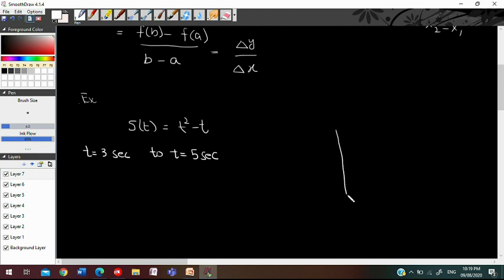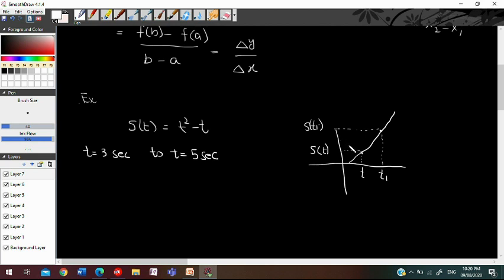Let's say we have a particle which is moving from this point to this point, and when it is at point t, its value becomes s of t, and when it goes to t1, let's say this is your t1, its value is equal to s of t1, right?